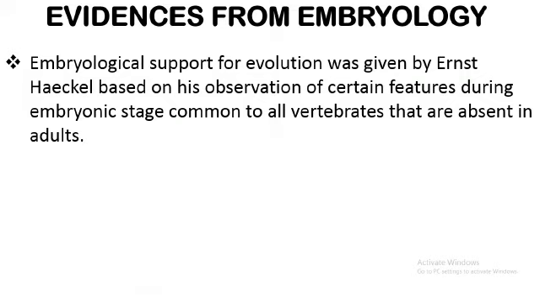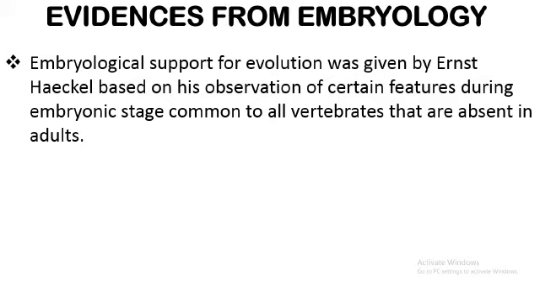Embryological support for evolution was given by Ernst Haeckel based on his observation of certain features during the embryonic stage common to all vertebrates that are absent in adults. That is, Ernst Haeckel proposed that there are similarities between different vertebrates, which include fish, amphibians, reptiles, aves, and mammals.